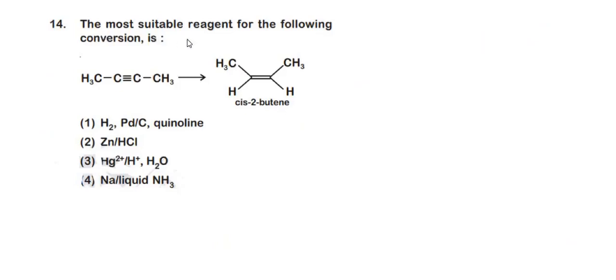The next question is the most suitable reagent for the following conversion. Here alkyne is converted into cis-alkene. See the very first option here, hydrogen in the presence of palladium and carbon and in the presence of quinoline, that is a sulfur compound, it contains sulfur content.